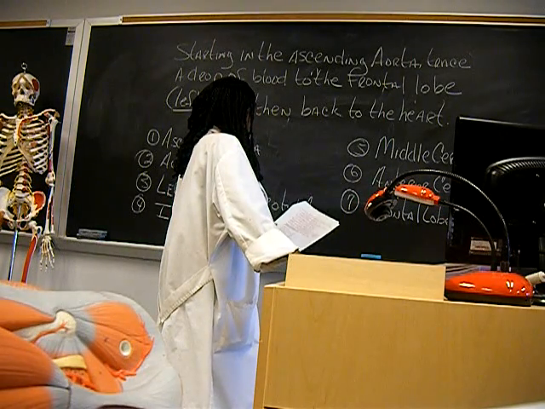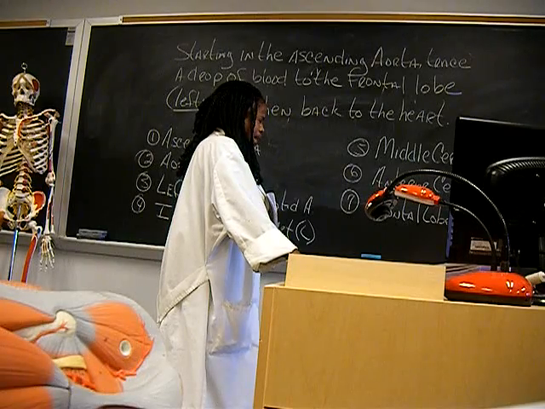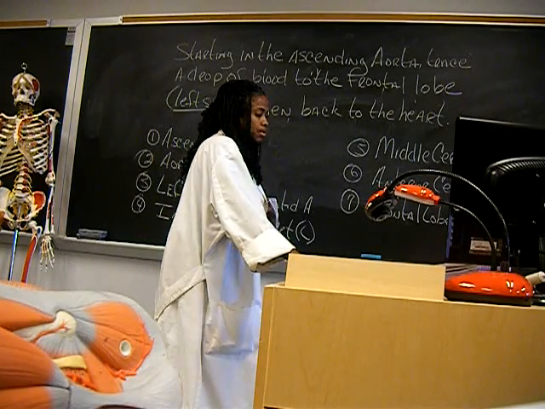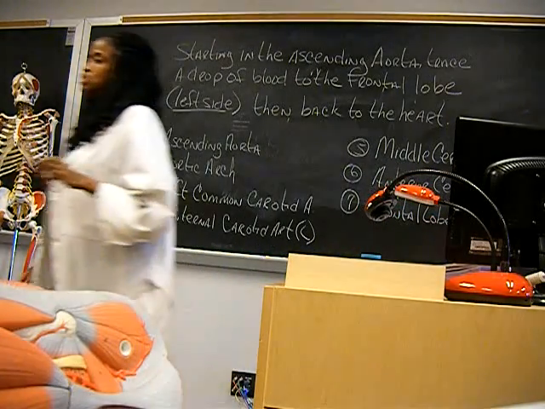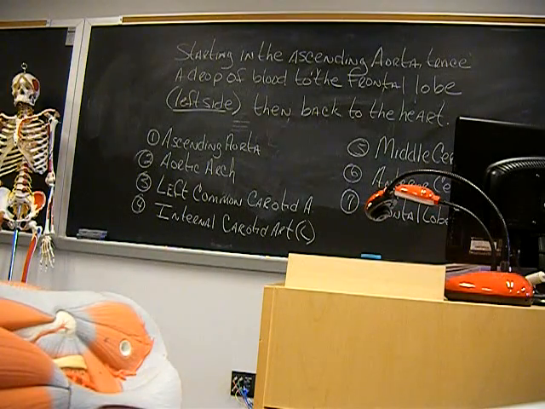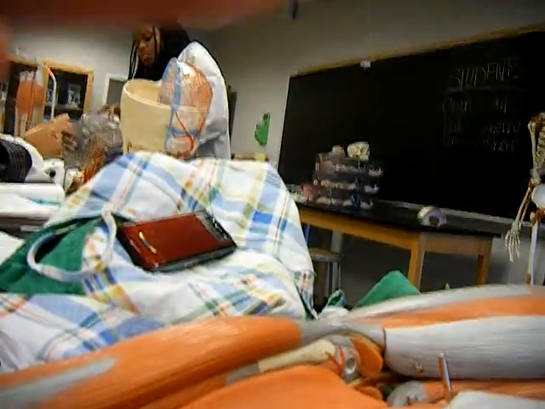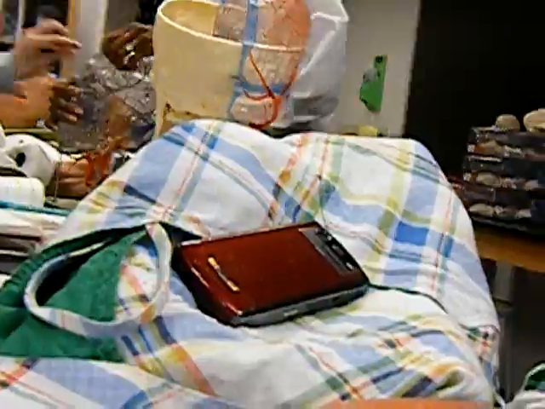So now I have to come back to the heart. And when you're looking at your drainage, when I'm looking at a model like this, all of this blue stuff in here is your venous sinus. That's what this is called.